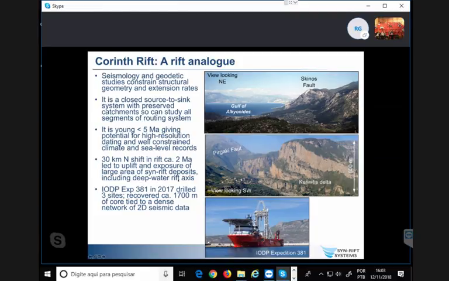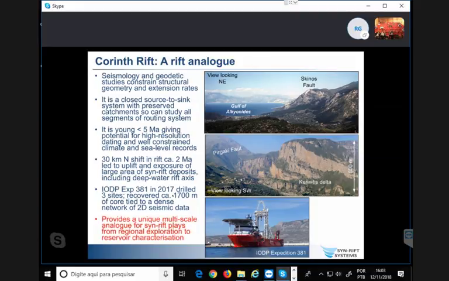And then last year, from October to December, there was IODP Expedition 381, which drilled the current Gulf with over 1,700 meters of core, which is tied to a dense network of 2D seismic data, allowing us to look at the very recent rift history in high resolution and tie that to well-constrained climate and sea level records.